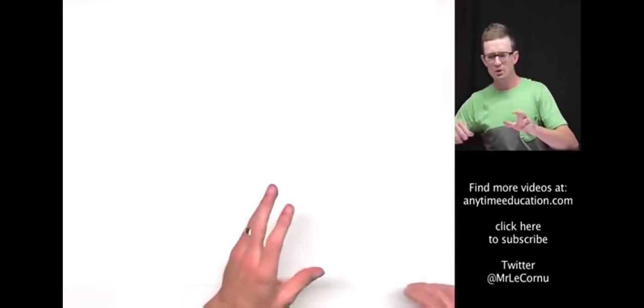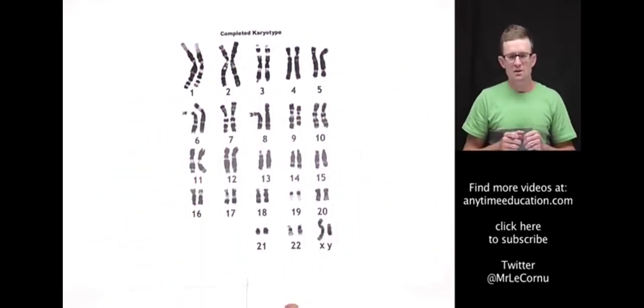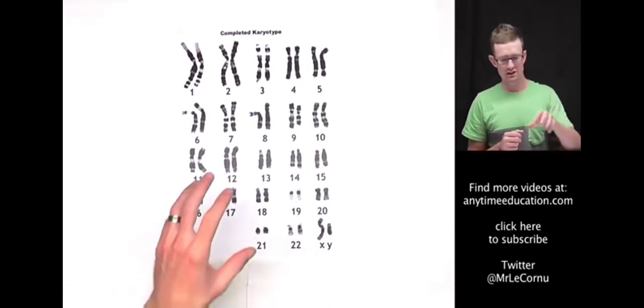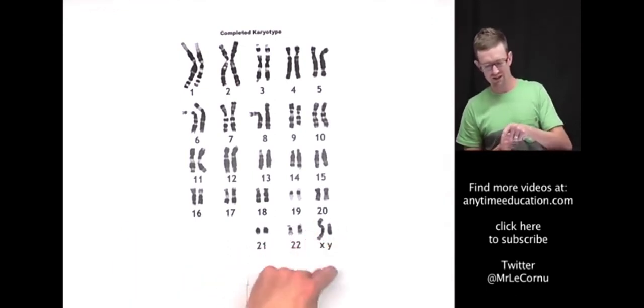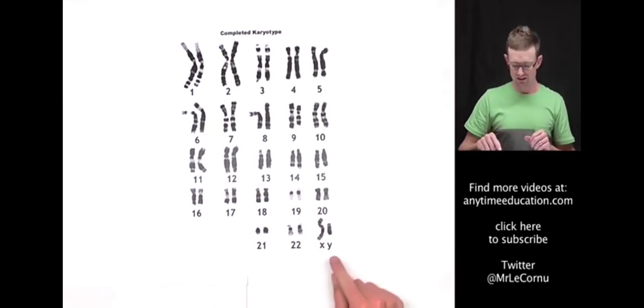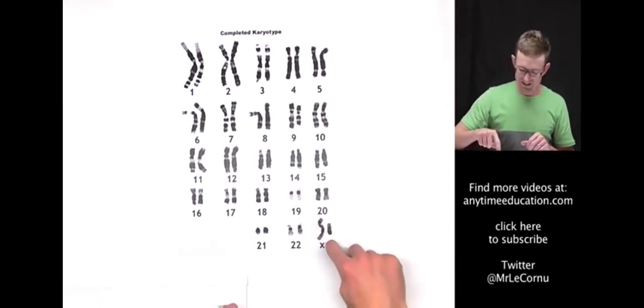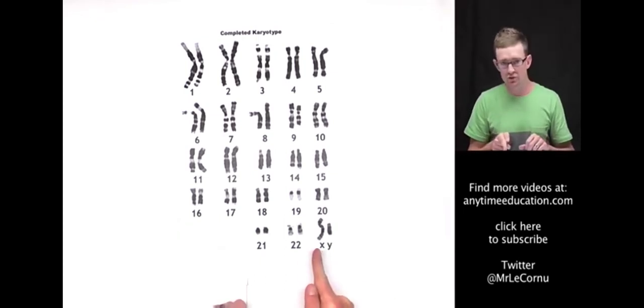So let's bring back our human karyotype. 23 pairs of chromosomes to make 46 chromosomes in a human cell. Just a side note, if you look down here, you can tell the gender of this human. This is a male, because these are the sex chromosomes, and males have one X chromosome and one Y chromosome.